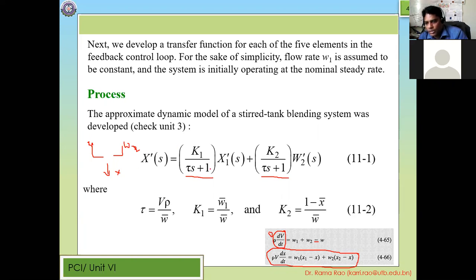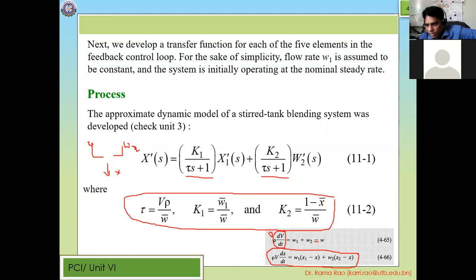If you simplify that, tau is nothing but V rho by W, and K1 is W1 by W, because these are steady state values. K2 is (1 minus X) by W. These equations you can easily get based upon the procedure you followed in unit number 3, on how to derive the transfer functions, apply the Laplace transform and then simplify.